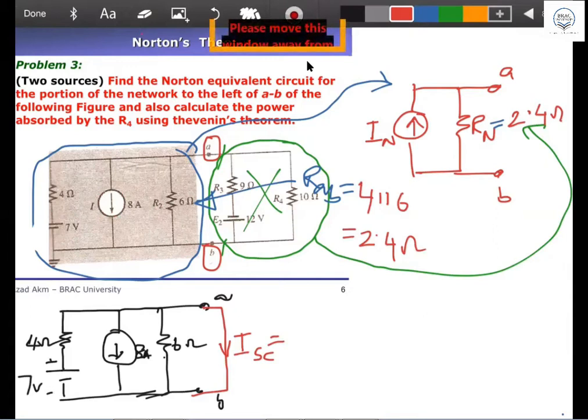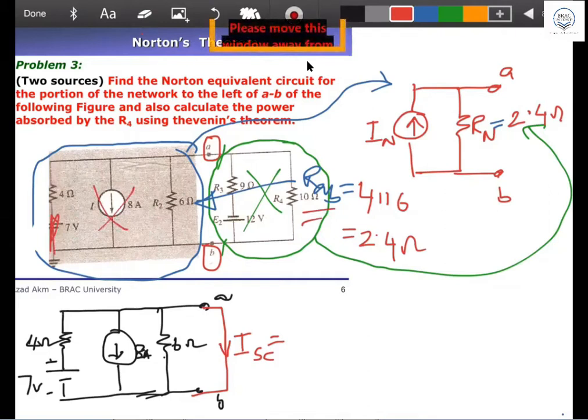How to do it? What do you do first? Can anybody tell me? Short circuit the voltage. No, why short circuit the voltage? Because you're not finding Rn now. When we found RAB, that time we shorted the voltage source and opened the current source.